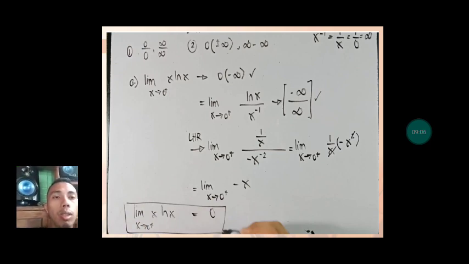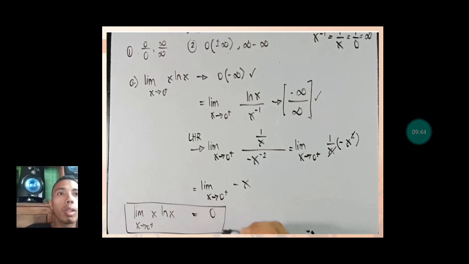In this case, we need to verify first if this is in line with category number 2. We replace x with 0, since it approaches 0 from the right, so we have 0. And we all know that ln of 0, since it is from the right, is negative infinity.